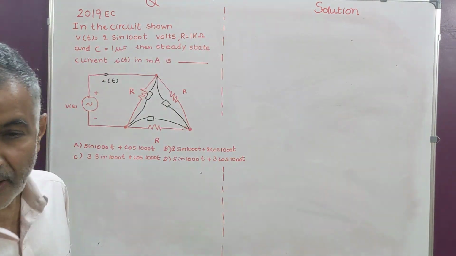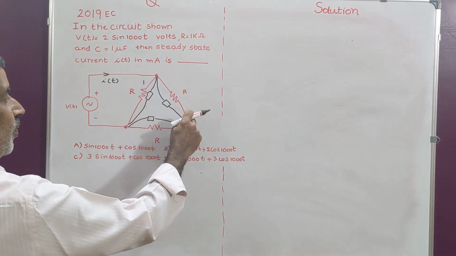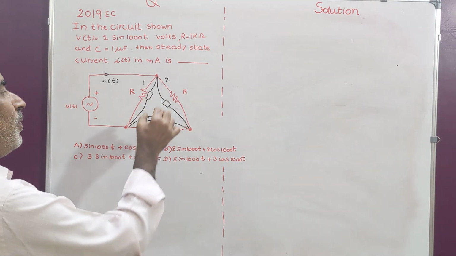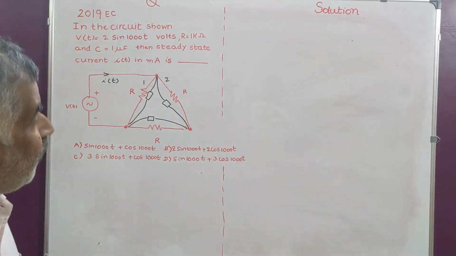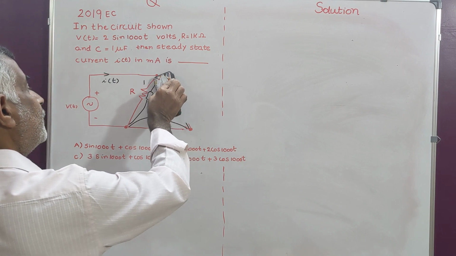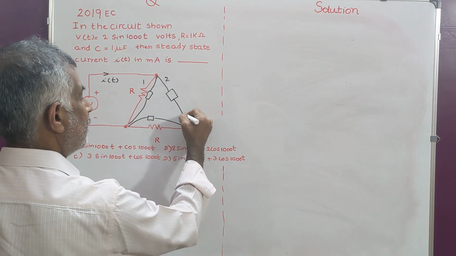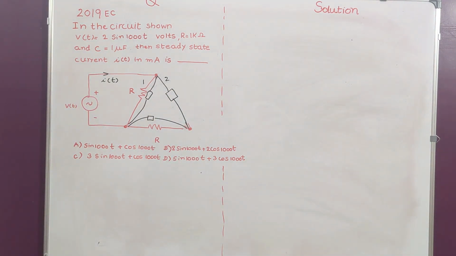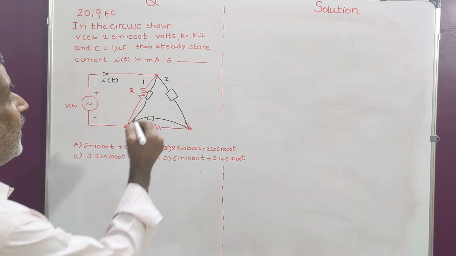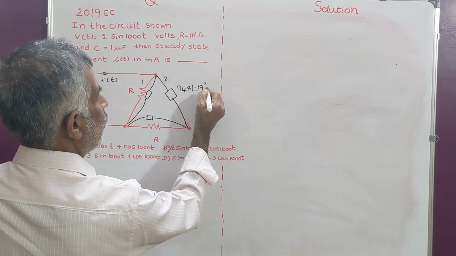Now you identify how many paths. This is one path, whereas this is another path. Now in the second path, I will simplify this and this. If you simplify this, you get 948 angle minus 19 ohms.